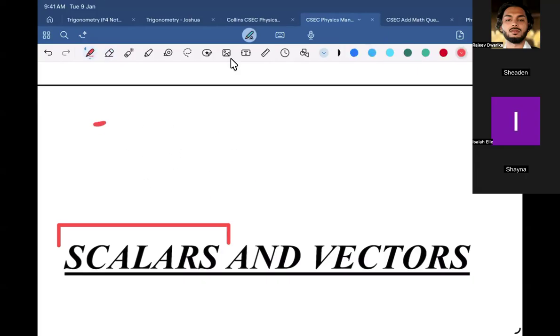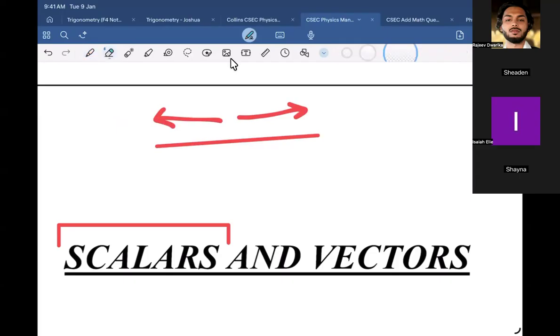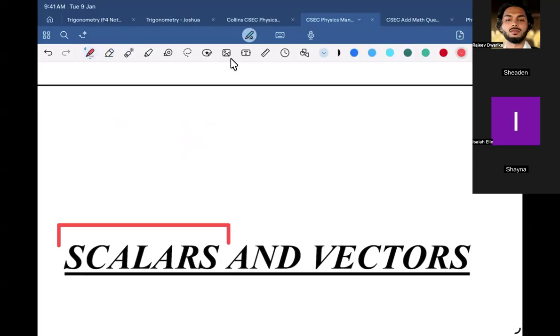Do you ever see minus 5 seconds on a clock? No, because it can't go back in time. By convention, positive would mean you're going to the right, and negative would mean you're going to the left. So positive and negative just mean you're going in opposite directions. An example of a scalar quantity is time.